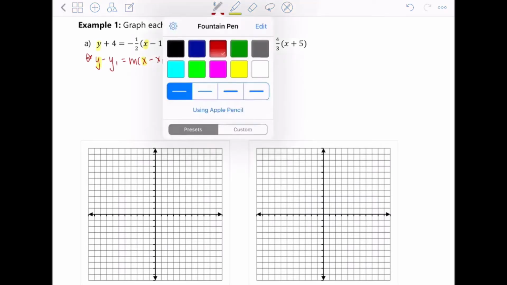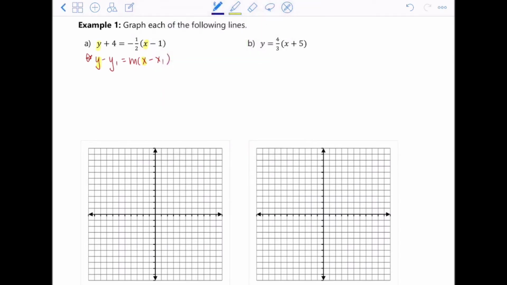Before we go on, notice that this is negative and this is positive, so we do need to do something about that. So y plus or minus negative 4 is the same thing as y plus 4. So we're going to keep it in this form. And x, the minus is still here, so it's good. So we're going to do negative 1.